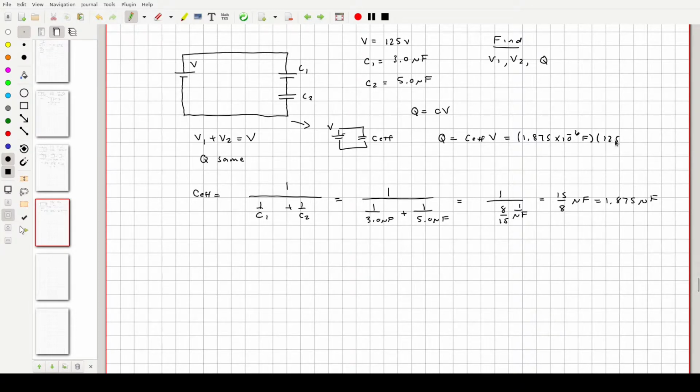This is 125 volts. You get 2.34 times 10 to the minus 4th coulombs. That's our Q, since the Q is the same across all components. Now, what about the V's? Let me just box this real quick to keep track of it.